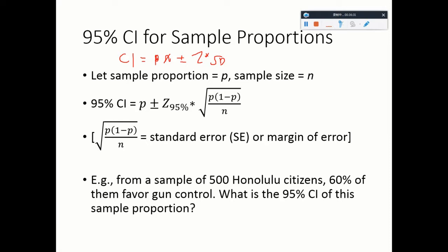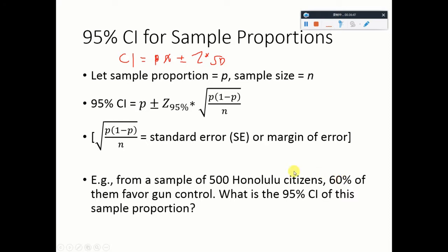Okay, so now we can start to answer a more concrete question. For example, your boss asks you, from a sample of 500 Honolulu citizens, 60% of them favor gun control. We can make a guess based on the sample proportion.